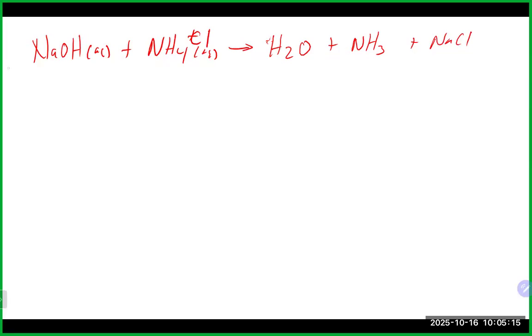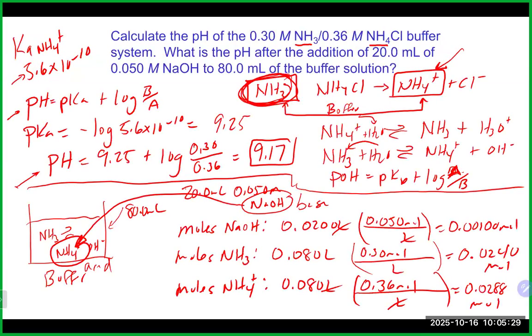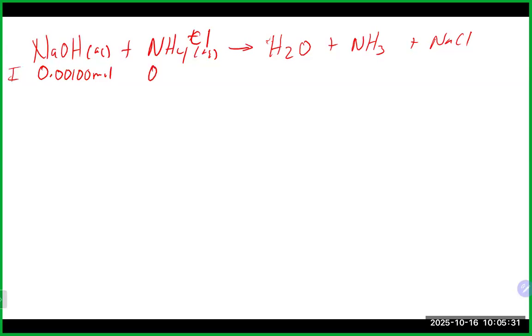All right, so initially, again, we're going to do this in moles because we were adding volume. We calculated that we had 0.001 moles of our NaOH. In terms of our NH4, we had 0.0288 moles.